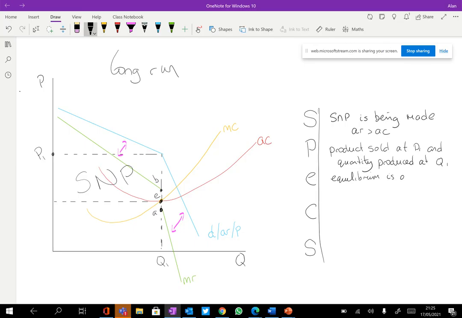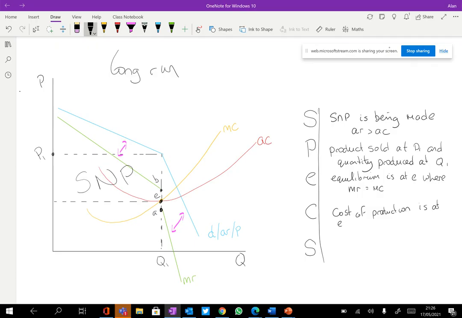It is at E, where we always produce where MR is equal to MC. Always produce where MR is equal to MC, and that's exactly what we're doing there at the equilibrium. Costs, cost of production. Where is that? It is at point E as well.